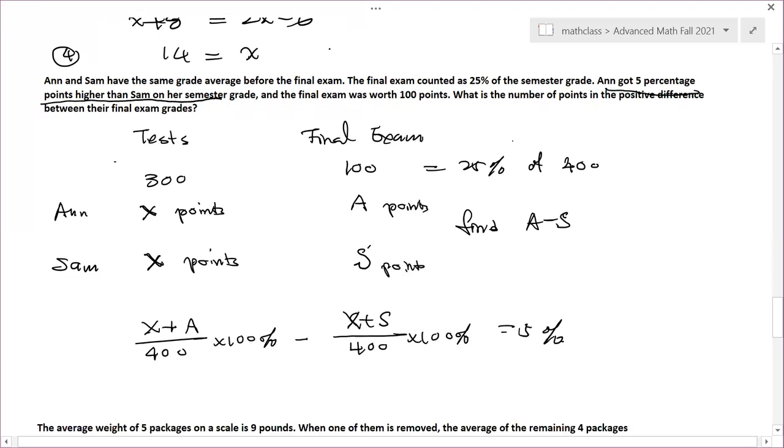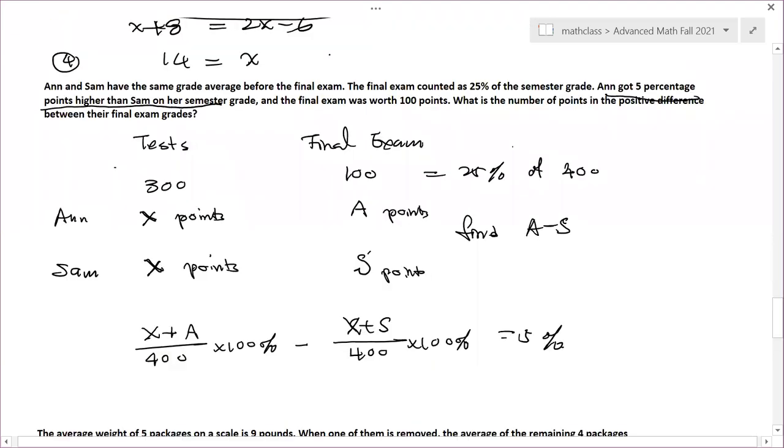Now you simplify it. Once you simplify it, you notice that X will be gone. So what you get here is (A minus S) divided by 400 times 100% equals 5%.